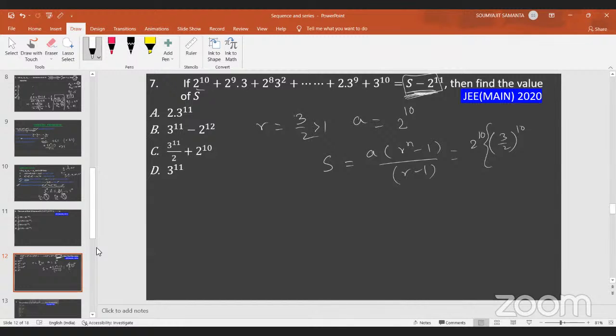Are you getting confused in this? No, sir. So this is becoming 2 power 10 times 3 by 2 minus 1. A student asks how 3/2 whole power 10 came. R power n.